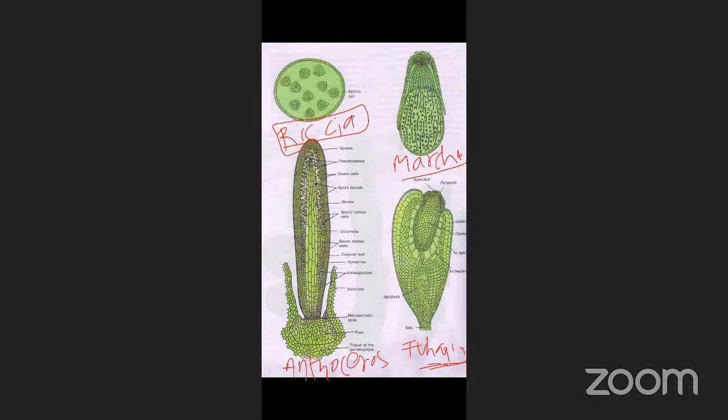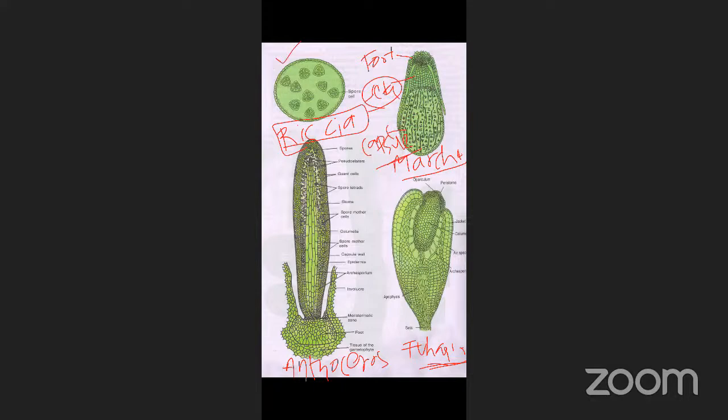Foot, seta, capsule, right? Yes, sir. Seta and this globose structure called capsule. But in Riccia, did you observe foot structure? No, sir. Seta structure? No, sir. Only capsule is there, right? Yes, sir. So this is in Riccia.